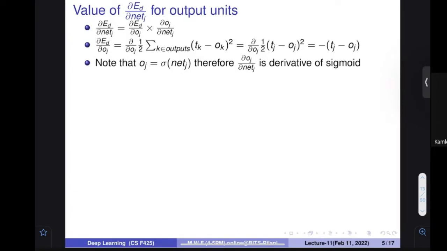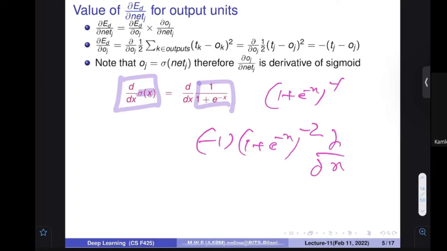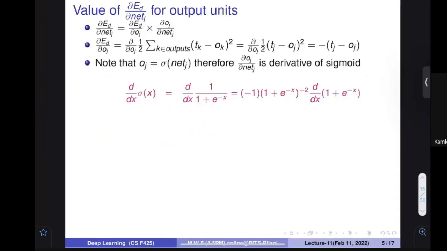So using the same thing, let us first see the value of the derivative of sigmoid with respect to x. You know that the sigmoid formula is 1 upon 1 plus e to the power minus x, which is (1 plus e to the power minus x) to the power minus 1. So it becomes minus (1 plus e to the power minus x) to the power minus 2 times del upon del x of the inside term.